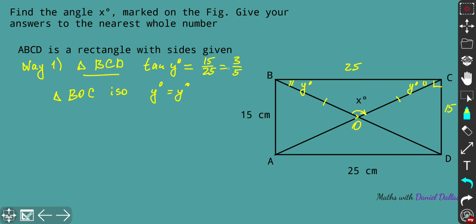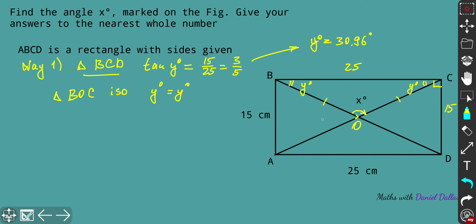From there, we can express angle y itself, using tan inverse of 3 over 5, or 15 over 25. So we've got 30.96 degrees. We're not going to round at this stage because we round at the final stage when we find angle x itself.